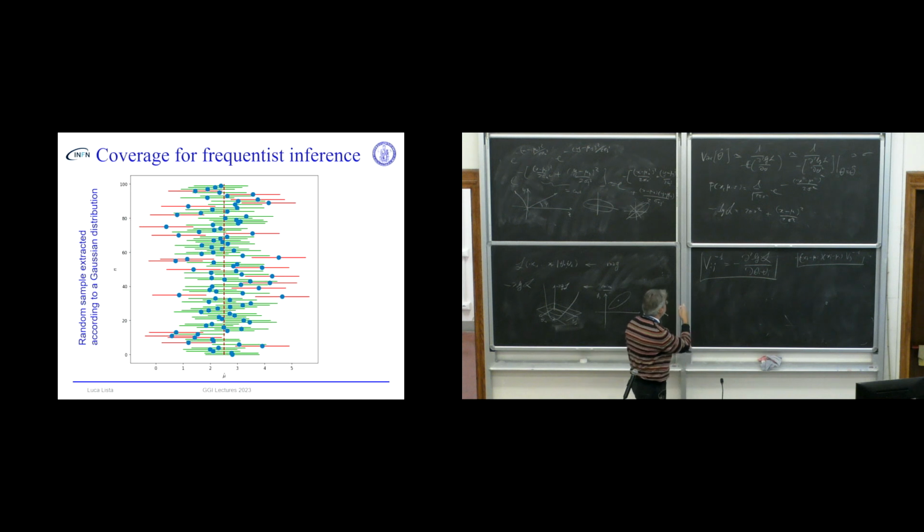And if you compute the inverse of this matrix, you end up with this V, you have a form which in two dimensions is just sigma x squared, sigma y squared, and here you have sigma xy, okay, the off-diagonal term.